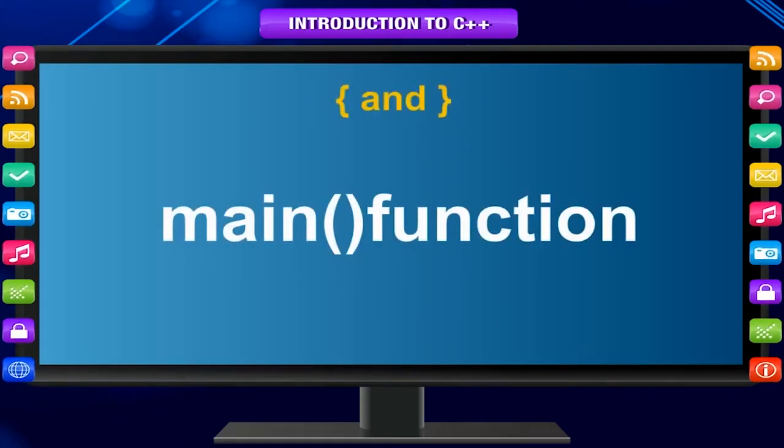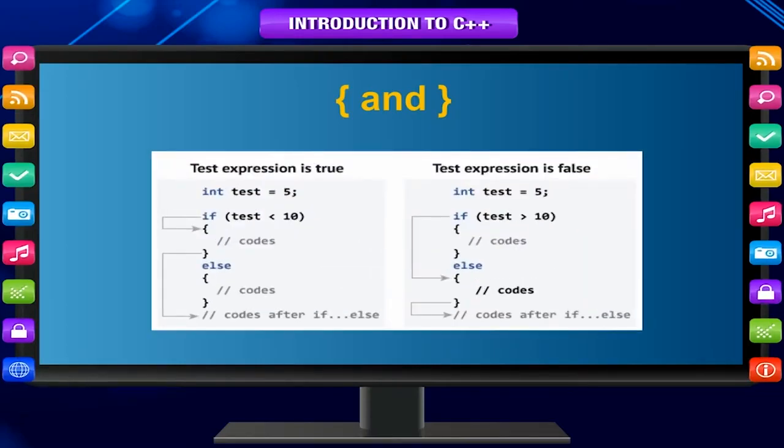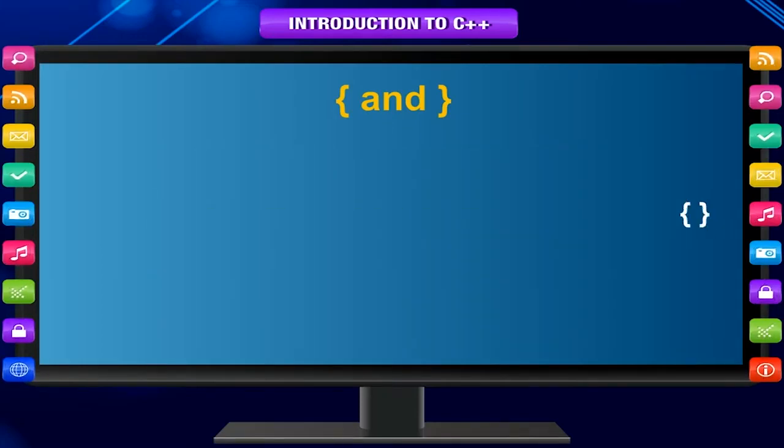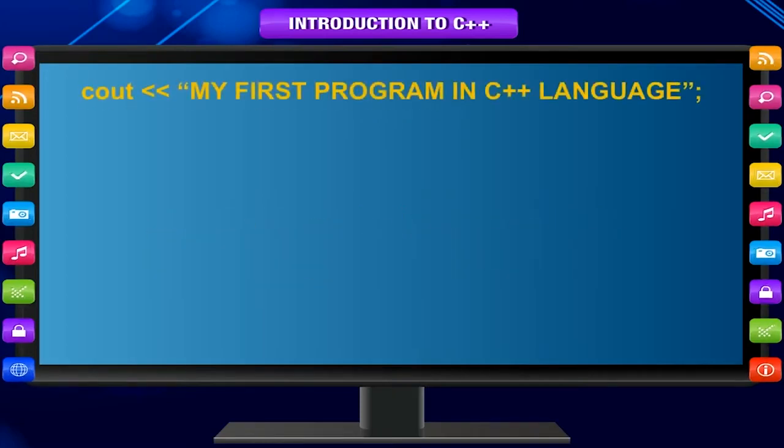Curly bracket open and curly bracket close. Every function in C++ has its code included in a pair of curly braces. This is the code of function main(). It is also called the body of the main() function. cout << "My first program in C++ language".